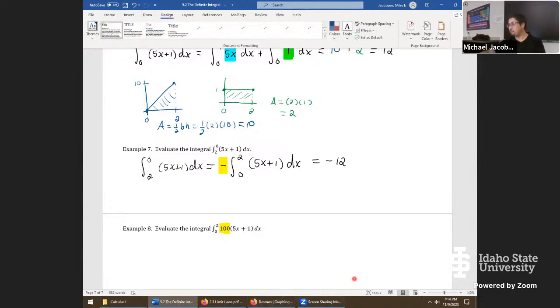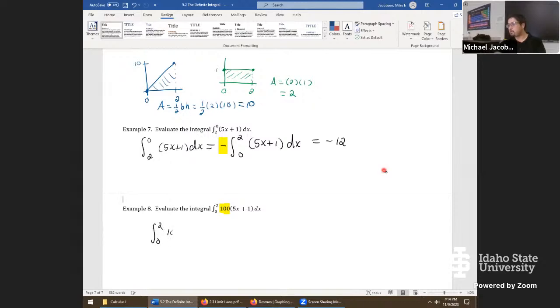So the first thing to do on this problem would be integrate from 0 to 2 of 100 times 5x plus 1. But do that by taking the 100 and letting it come outside the integral. Just like with derivatives, the integral of a constant, you can just pull the constant out and place it right here. Then 5x plus 1 goes inside.